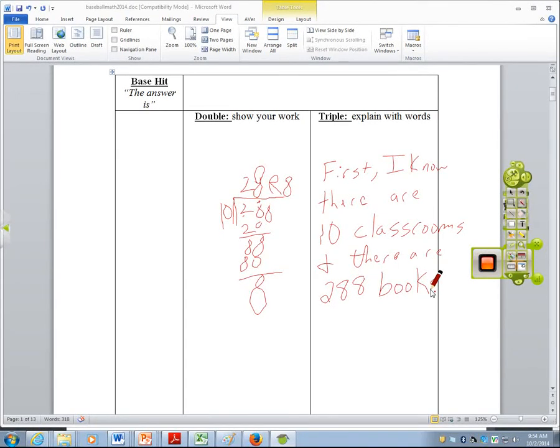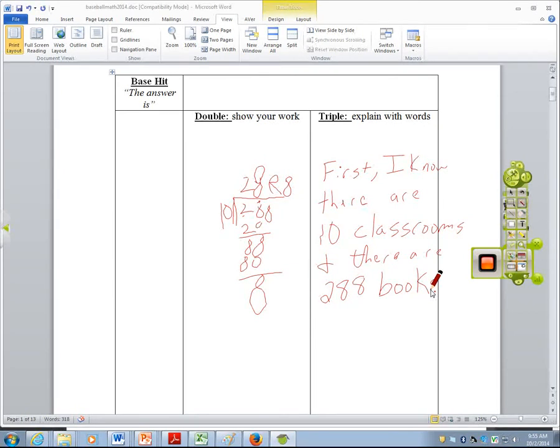Well, it says if there's 288 books and 10 classrooms will get it, you could either group them into tens or you can divide. Well, there's a specific word in there. Equal share of the books. That would probably do it.